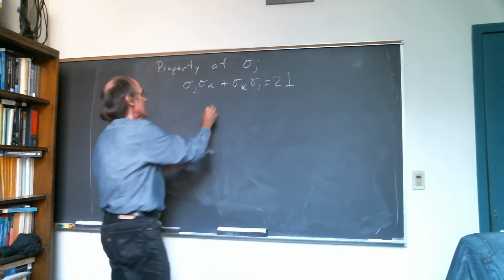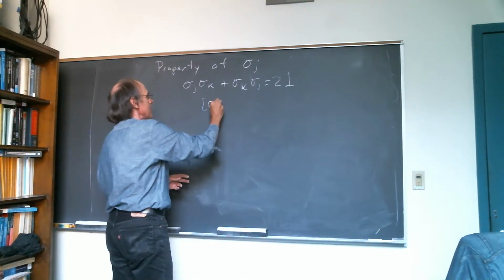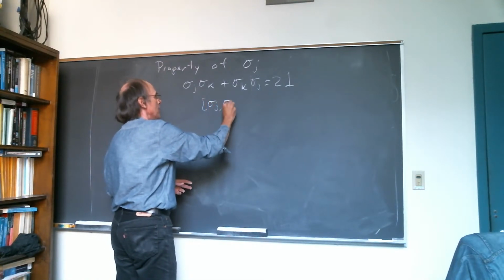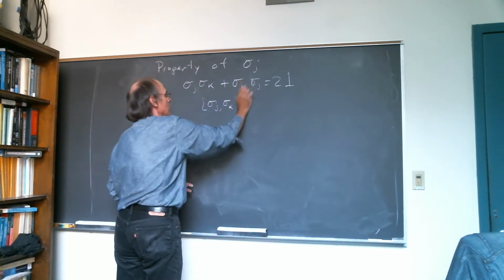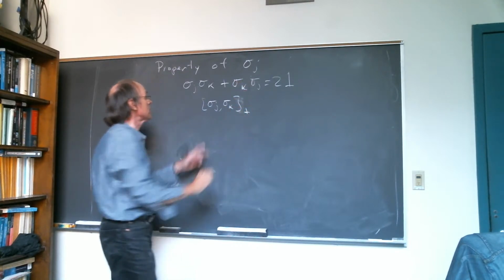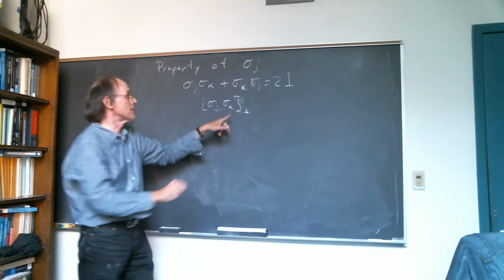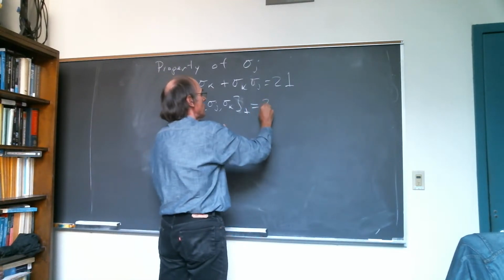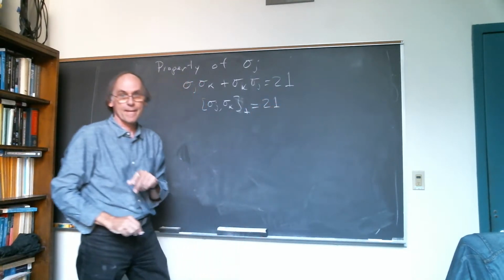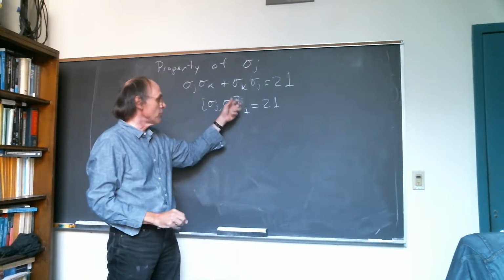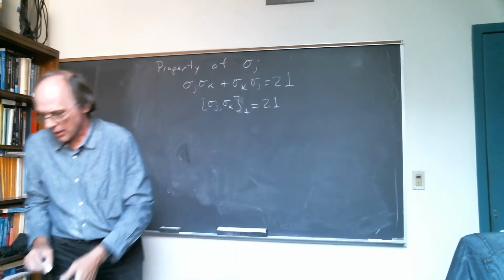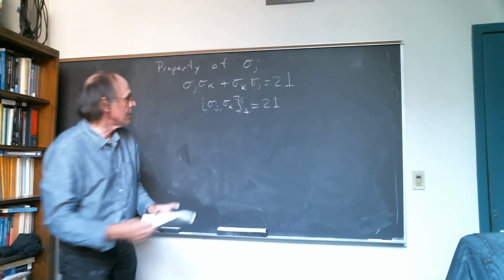I'll write this as the anti-commutator. I use a symbol for a commutator, and I put a plus here because there's a plus here, and this is equal to two times the identity matrix.